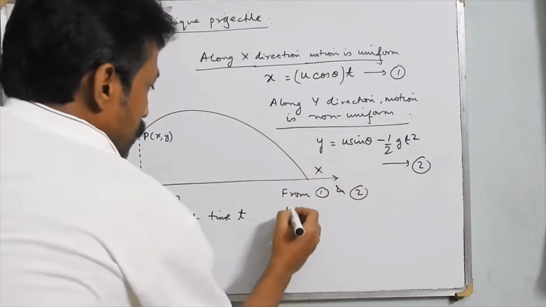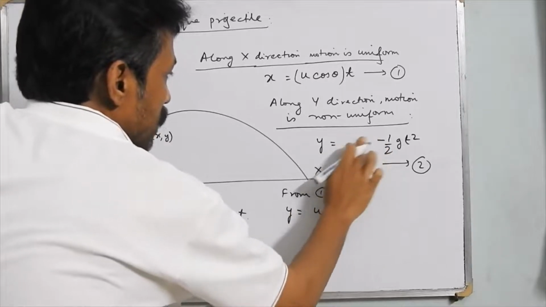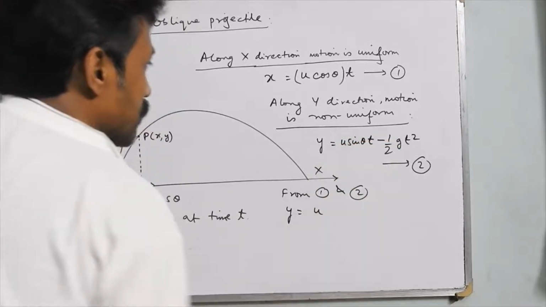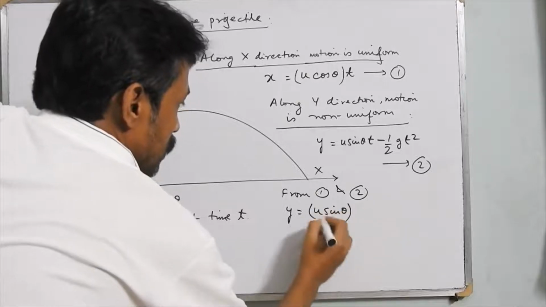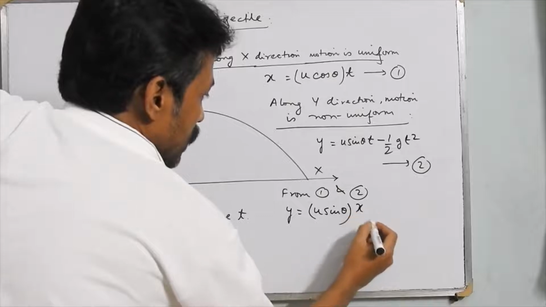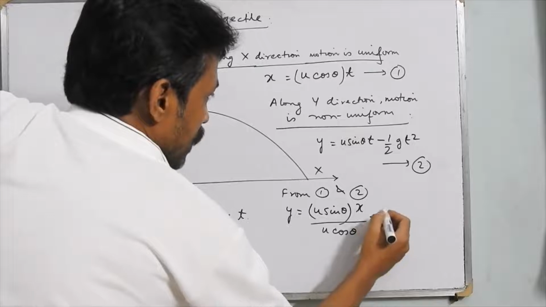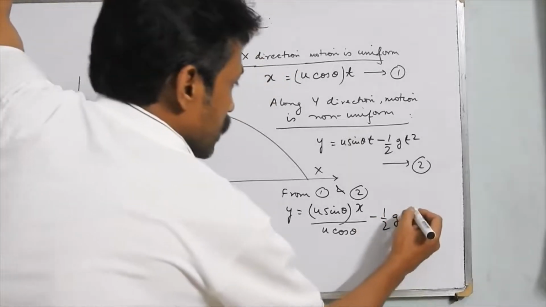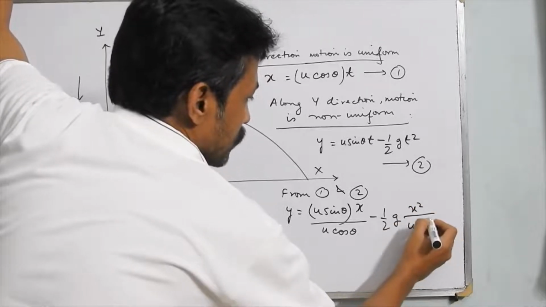I can write y equal to ut minus half gt square, that is u sin theta into t minus half gt square. So this is u sin theta into t, where t will be x by u cos theta, minus half g, t square will be x square by u square cos square theta.